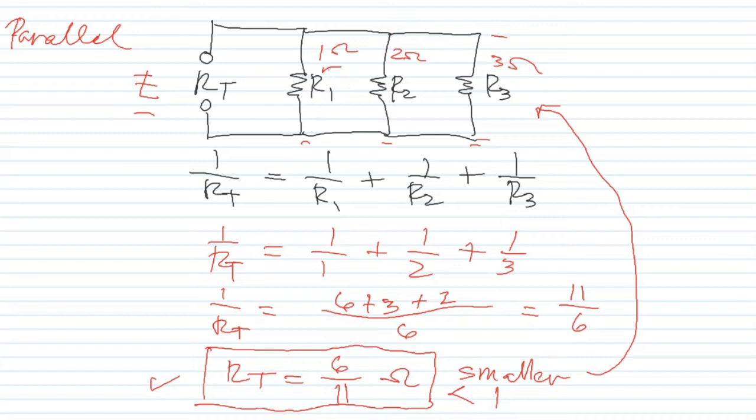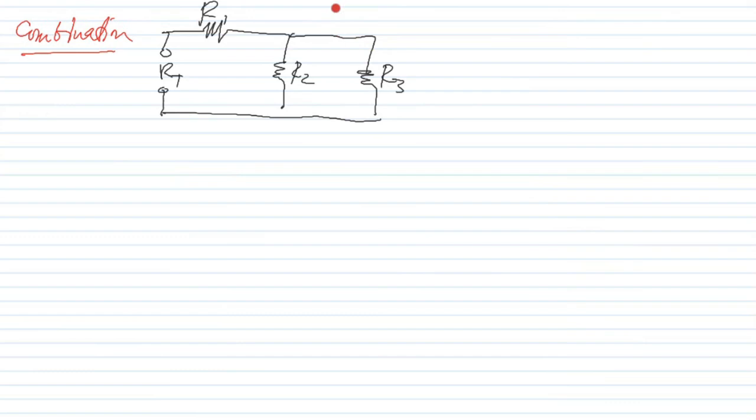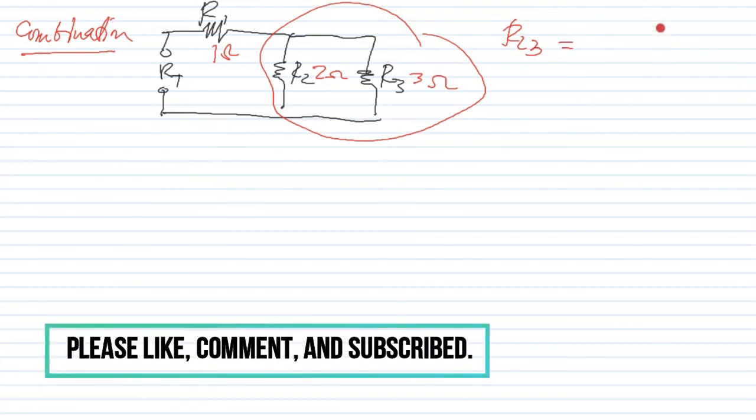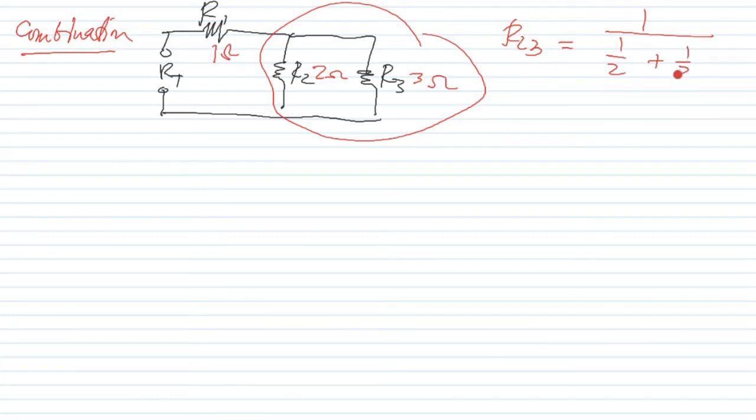Now let's have an example that is a combination of series and parallel resistances. So let's say we have this kind of circuit: 1 ohm, 2 ohm, and 3 ohm. First you need to simplify the parallel combination. So we have 1 over R23 is equal to 1 over 2 plus 1 over 3.